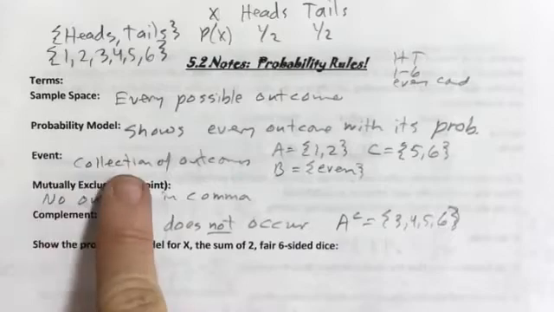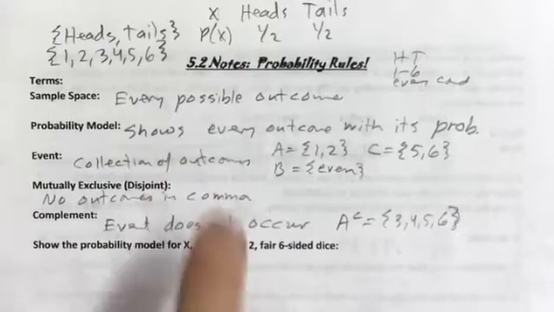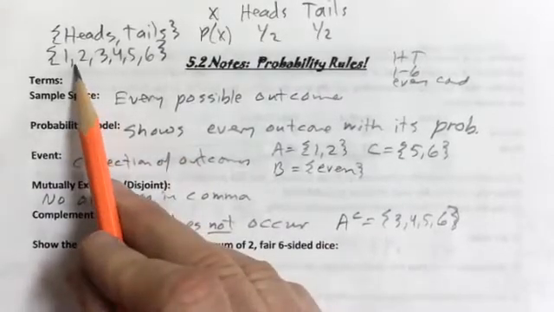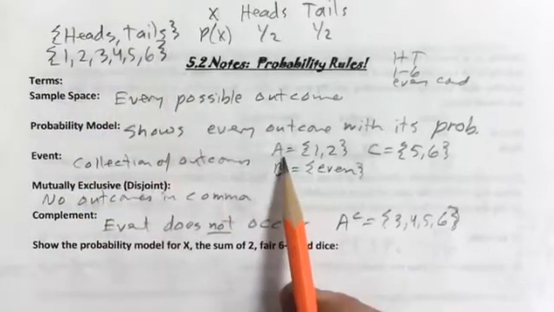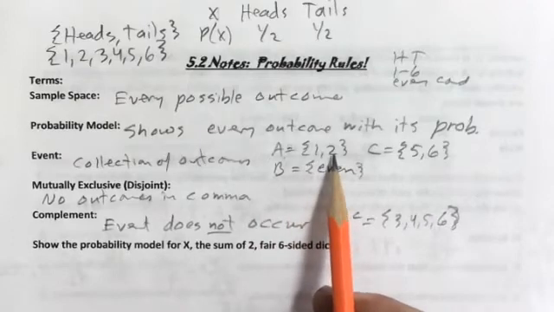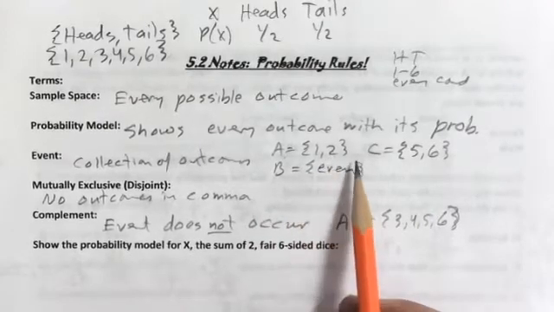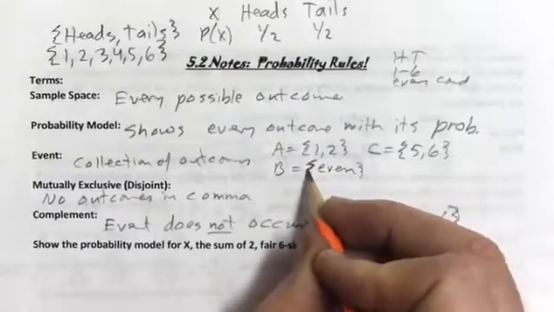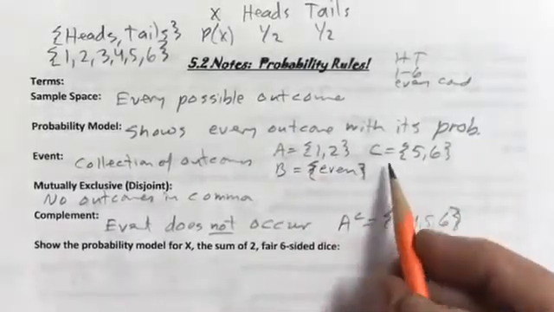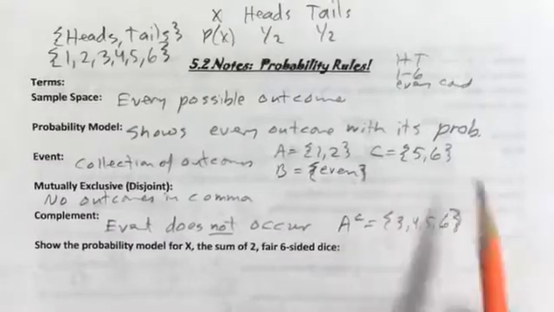So an event is just a collection of outcomes. For instance, let's say our sample space is 1, 2, 3, 4, 5, and 6. We could define event A as being the outcomes 1 or 2. Let's say event B is that it's an even number, and these are brackets of a set. And let's say event C is that you get a 5 or a 6.